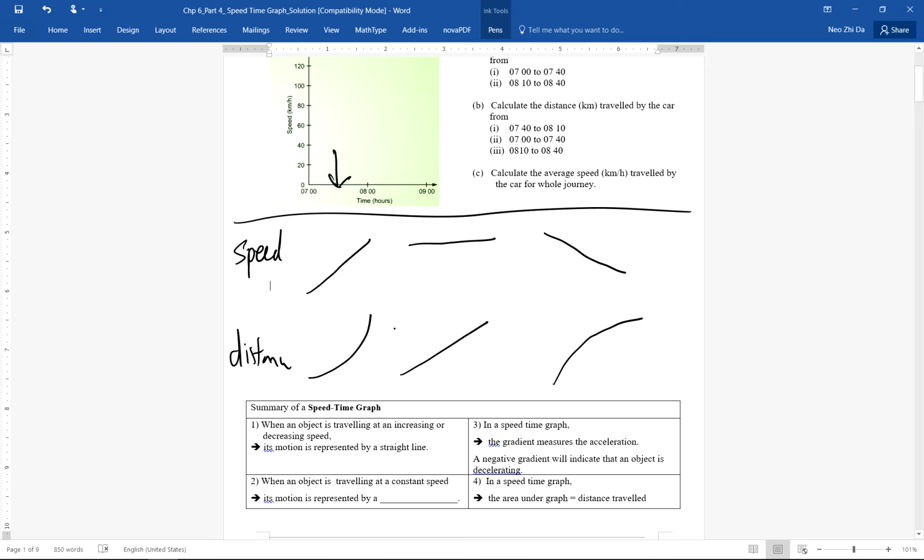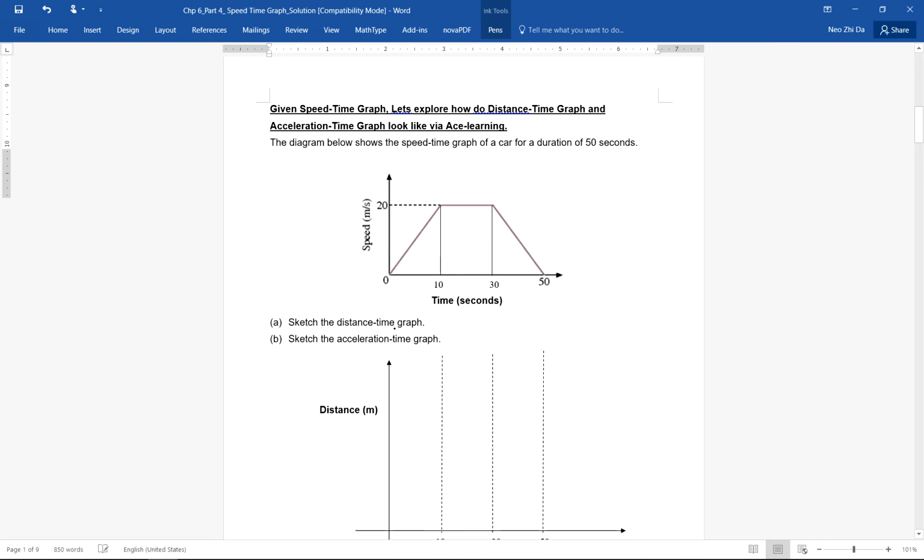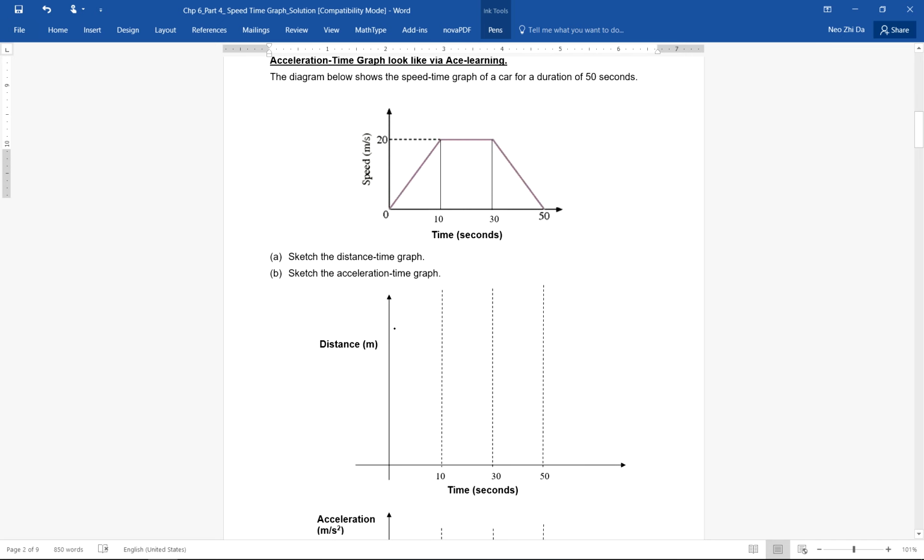Now, this is the question, a speed time graph. First and foremost, we have to calculate the distance traveled. In the last lesson, you know that the distance under the speed time graph is the area under the graph.